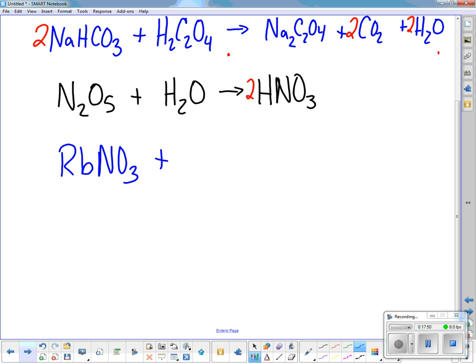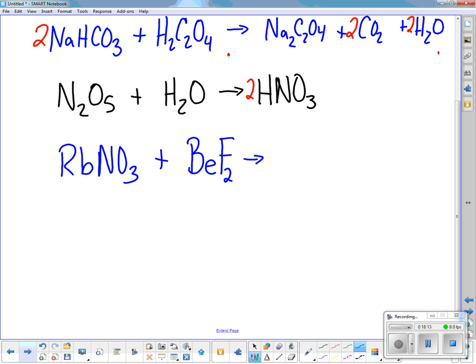Plus beryllium. What's beryllium? Be. Okay. It's in the second column, so it's going to have what charge? +2. Fluoride. F. What charge? So we have a +2 and a -1. How many of each? 2 fluorines.